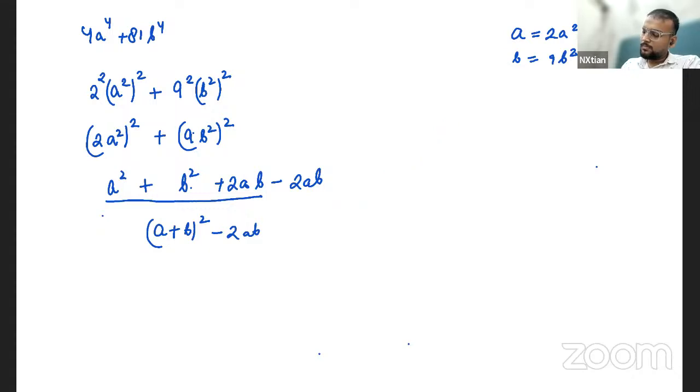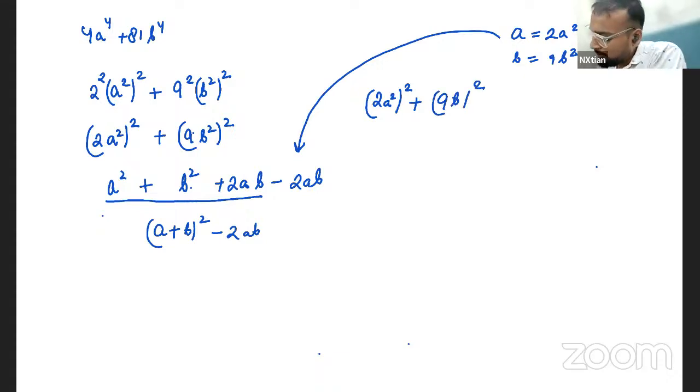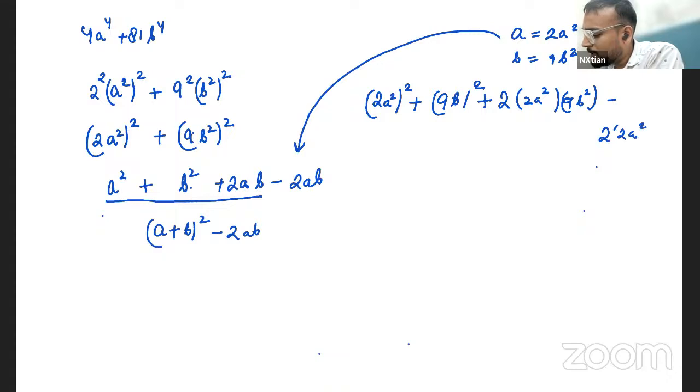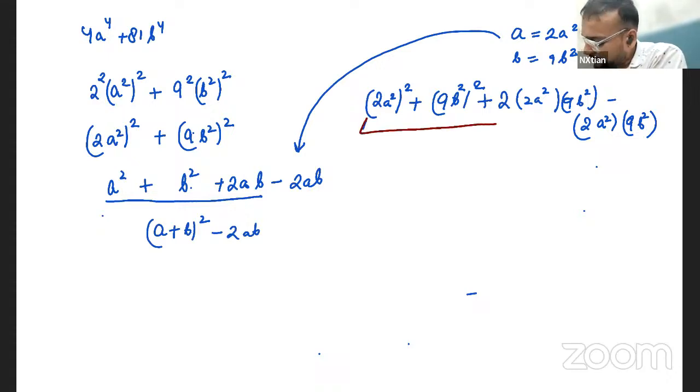So it will become 2a square plus 9b square, okay, plus 2ab, 2 into 2a square into 9b square, minus 2ab, 2 into 2a square. So now this part will become like this.